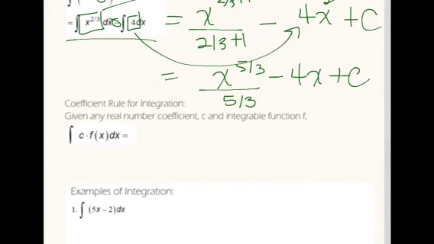Our next rule is the coefficient rule for integration, which again shouldn't really come as a surprise. It's very much the same as what we did for the derivative. So if you are given any real number coefficient, which we're calling little c, I probably should have called it k, you are allowed to pull the coefficient out of the integral.